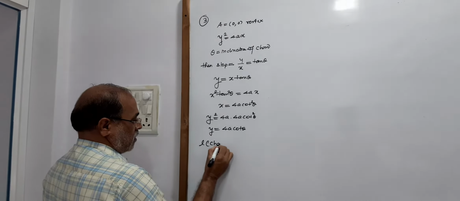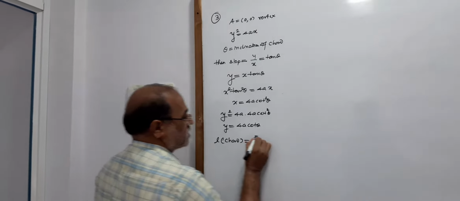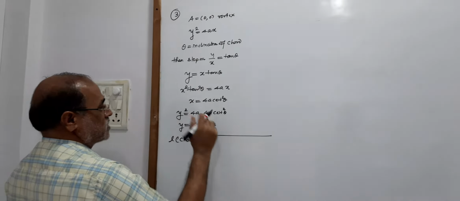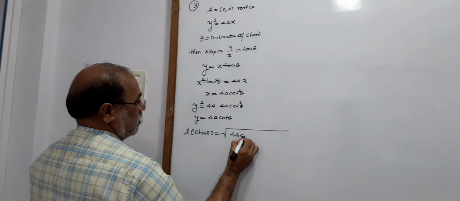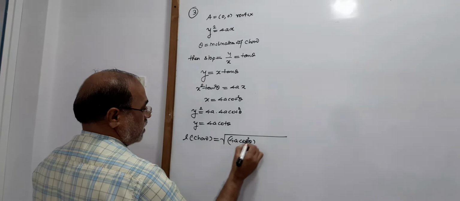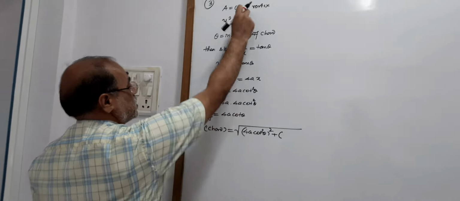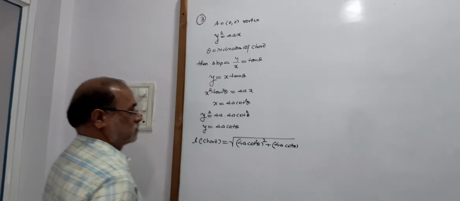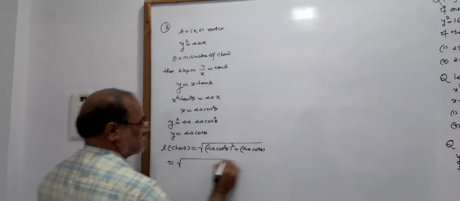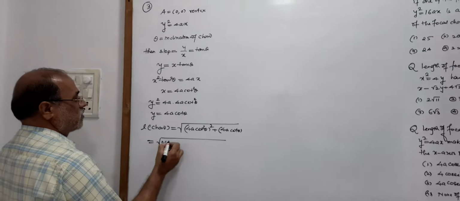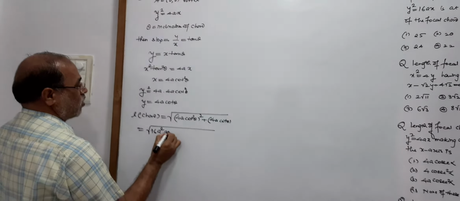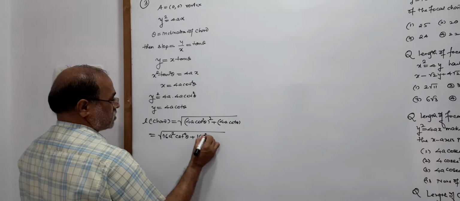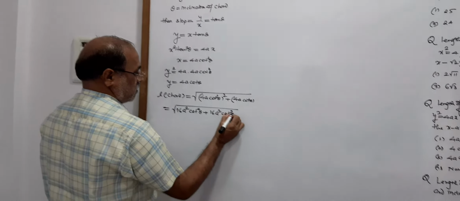Now the length of the chord, by the distance formula, we can say square root of (0 minus 4a cot square theta) whole square plus (0 minus 4a cot theta) square. Expanding, you will write 16a square cot raised to 4 theta plus 16a square cot square theta.